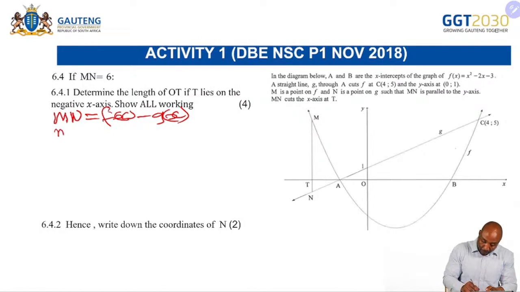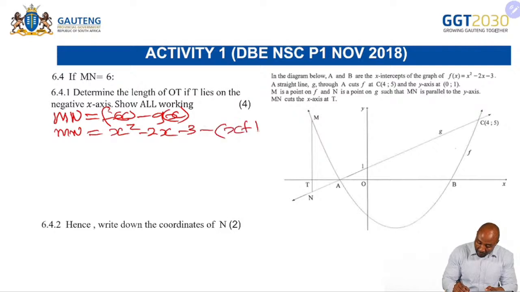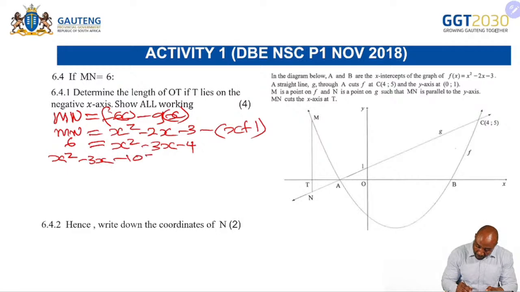So we know that MN will be given by our f of x, which is x squared minus 2x minus 3, minus our g of x, which is x plus 1. And we know that our MN is 6. Then x squared, negative 2x minus x will give us negative 3x, negative 3 minus plus 1 will give us negative 4, meaning we will get x squared minus 3x minus 10 is equal to 0.